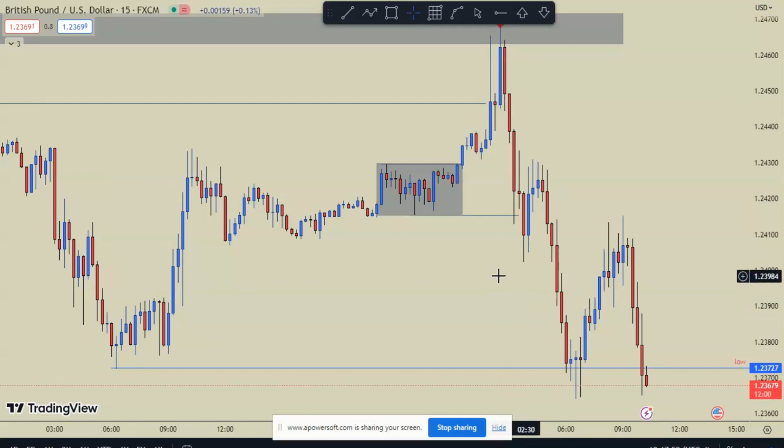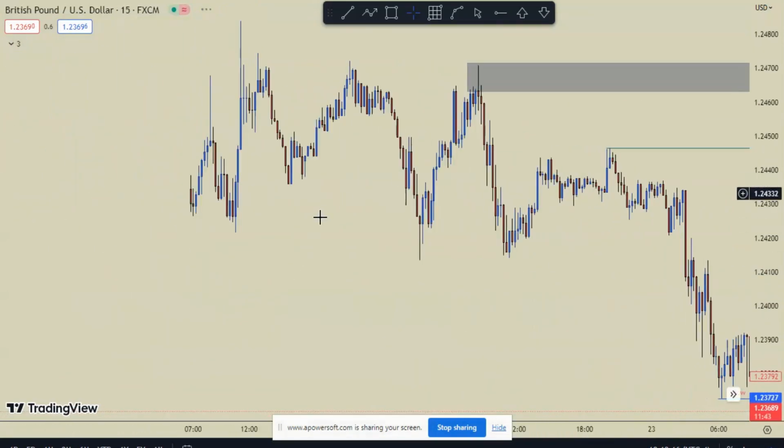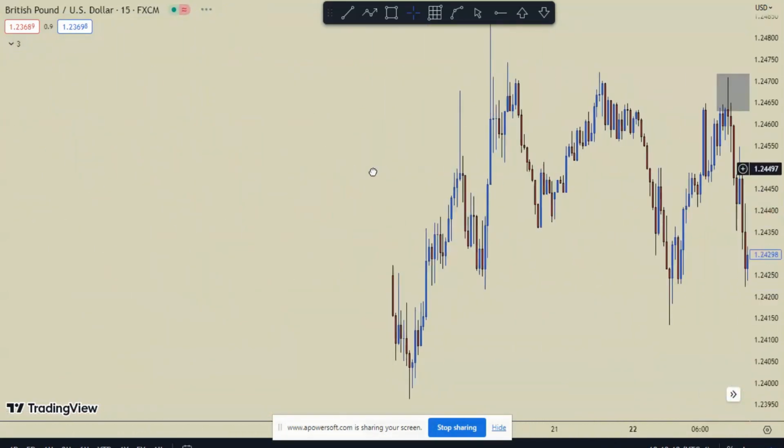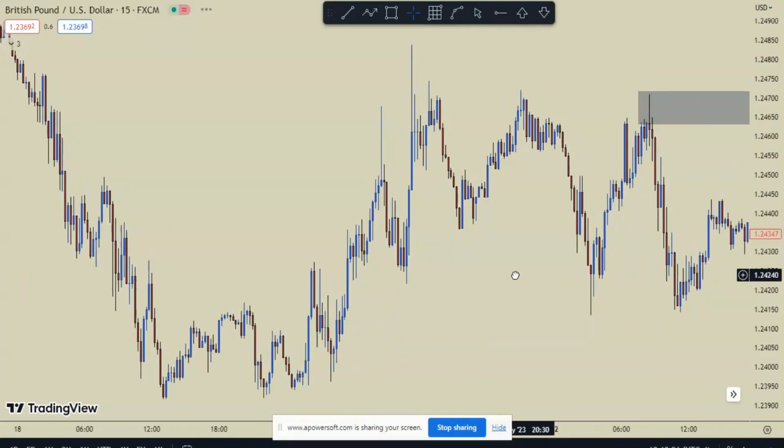You ask yourself, which point was I trying to make? Now when you watch it, you go on the chart, on a demo, or you can first go on the chart and put those indicators and start to backtest and see how the market was reacting in relation to what I was talking about.